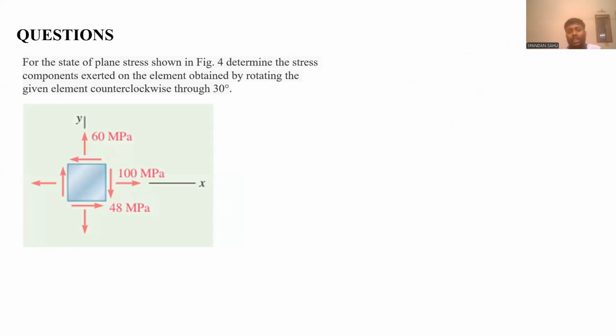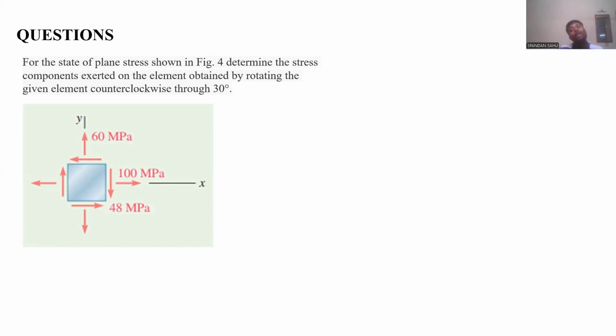The question is about the state of plane stress. A lamina is given, and the stress components sigma x, sigma y and tau xy are given. They are asking: if the lamina is rotated 30° anti-clockwise, what will be the stress generated at that orientation?